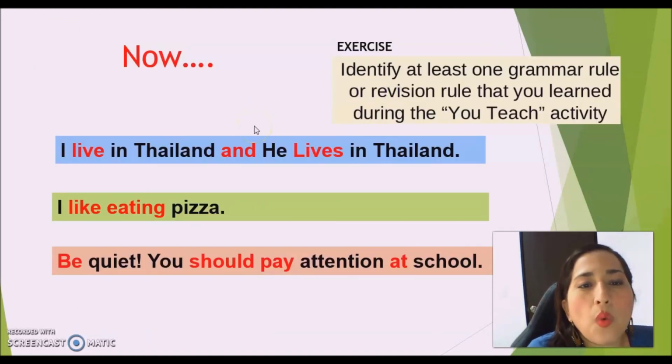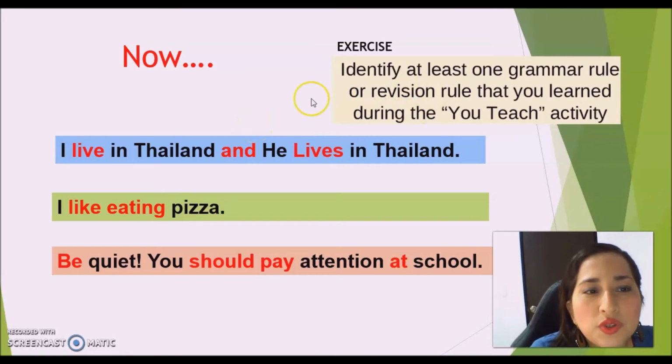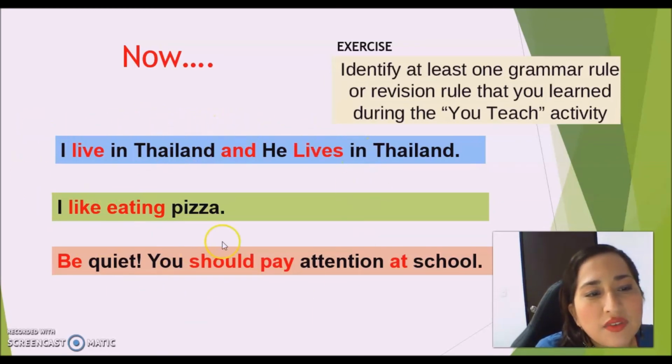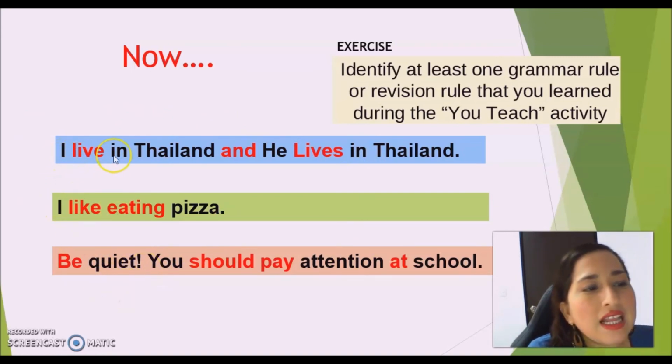And now, I want you to do this exercise in your portfolio. Identify at least one of the grammar rules that you can learn during your school time. What grammar rules can you identify in these sentences? Okay, let me help you. I live in Thailand and he lives in Thailand.